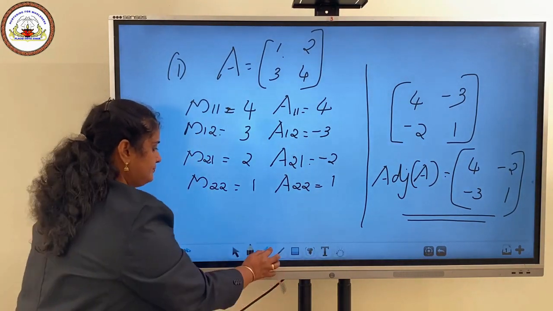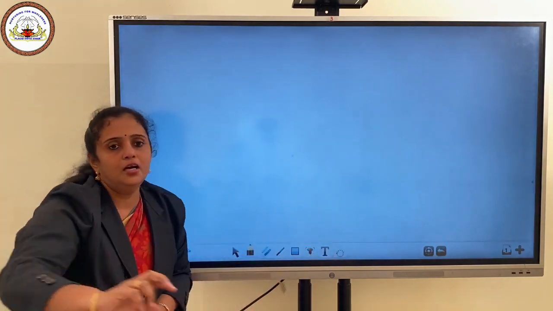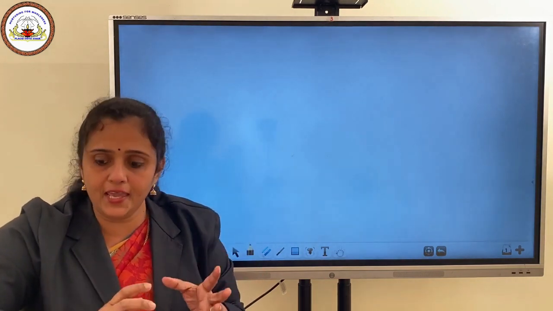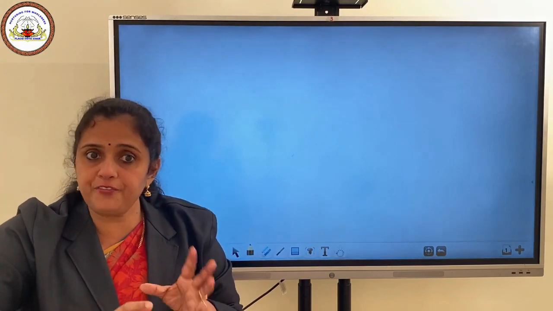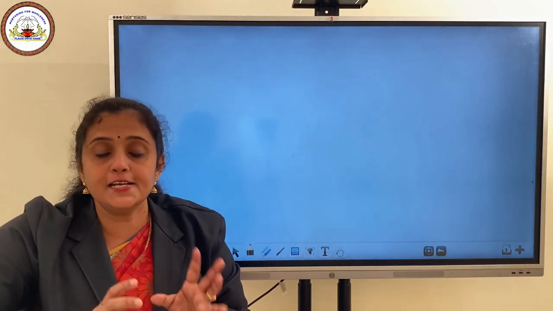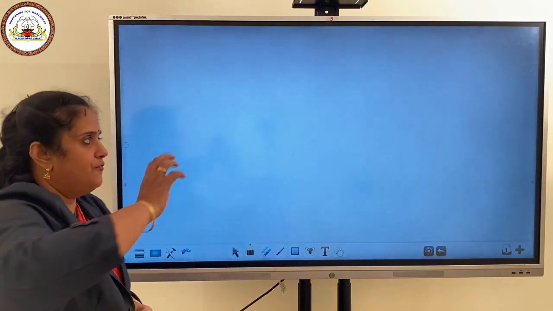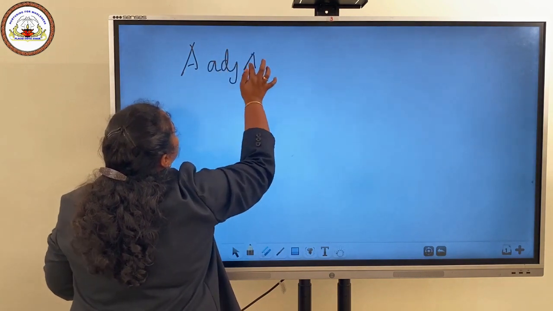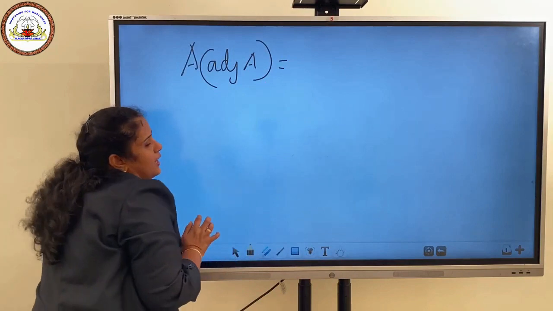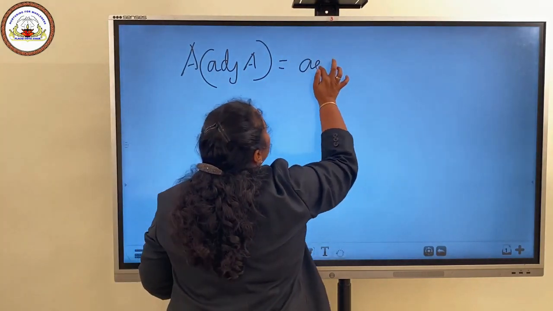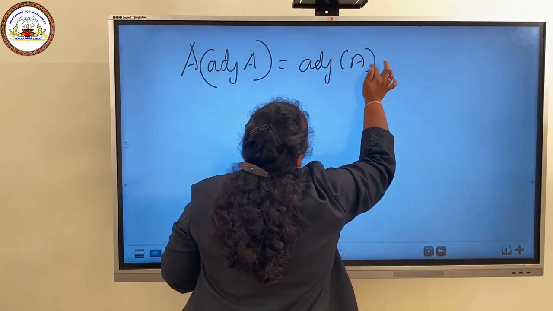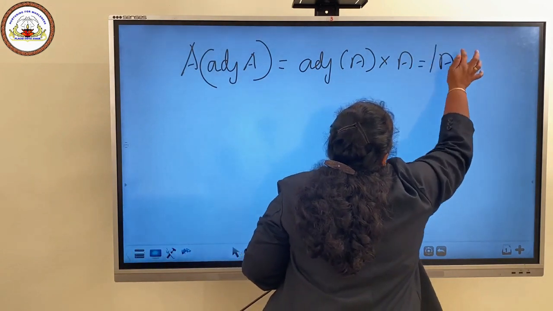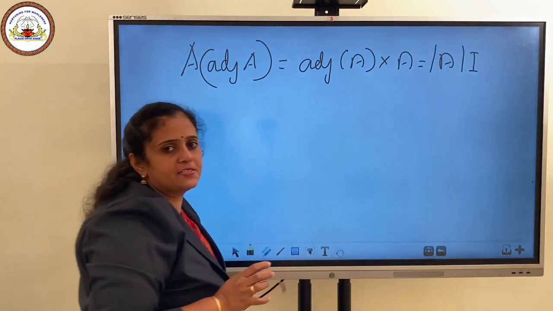Question number 2. The question is: verify that A into adjoint of A is equal to adjoint of A into A, is equal to the determinant of A into I. I is the identity matrix of the same order.